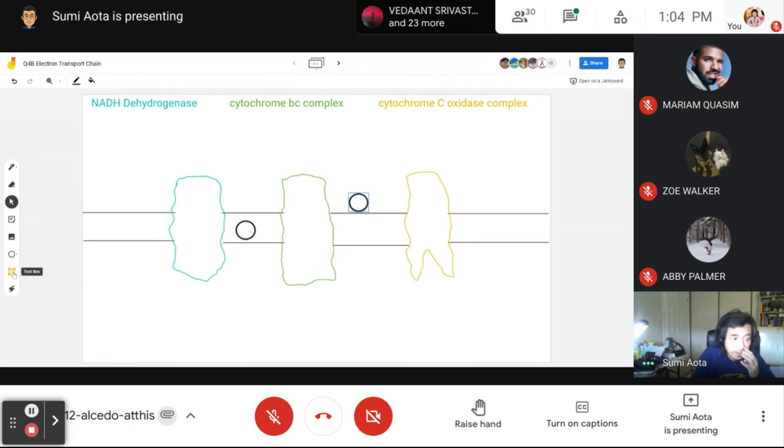Okay. This one is called Q, and this one is called C. Okay, so this is my electron transport chain.